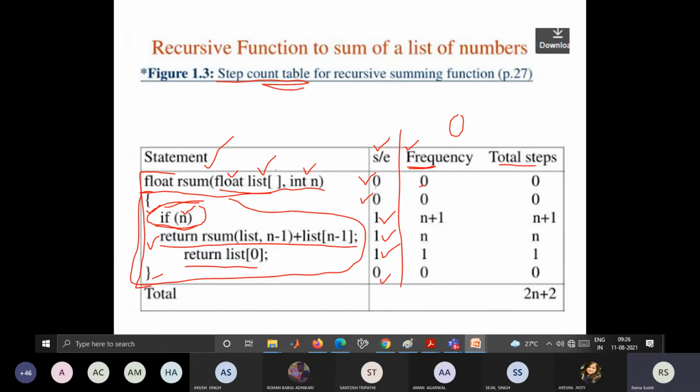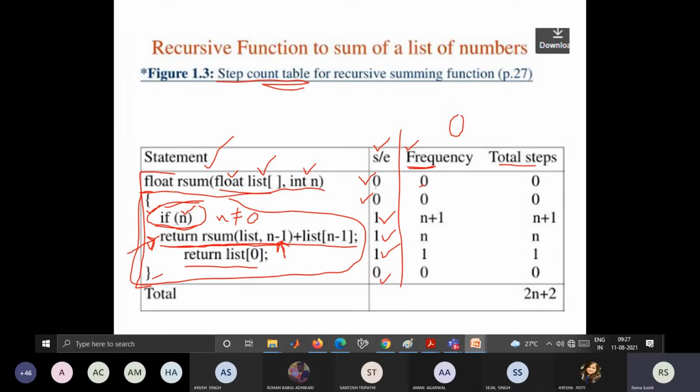So if n is not equal to 0, it goes to this particular step, and in this step you find the recursion process. It is calling itself with the change in the value of n, decreasing the value by 1.